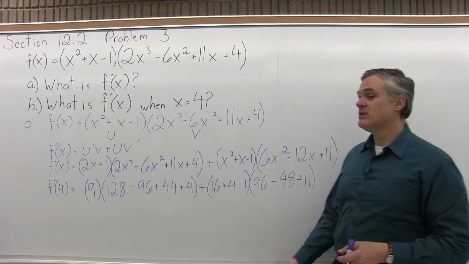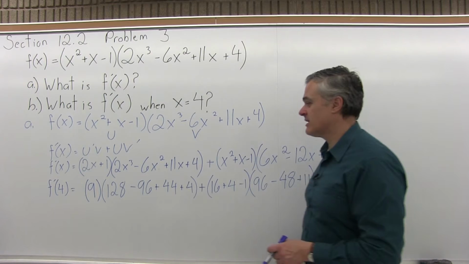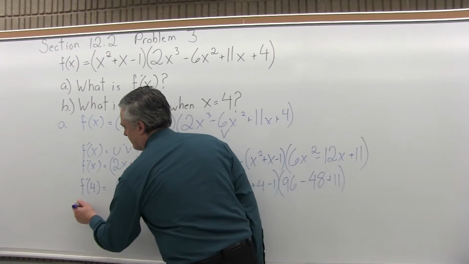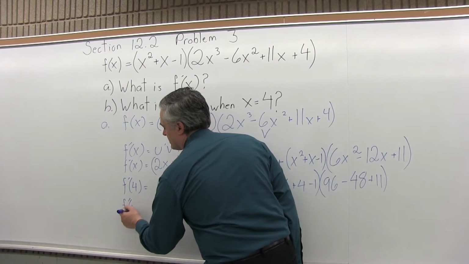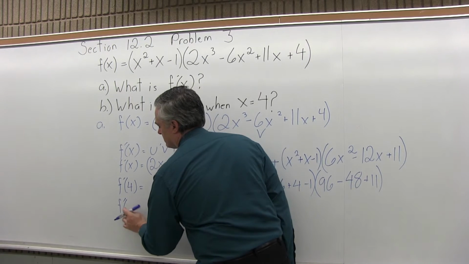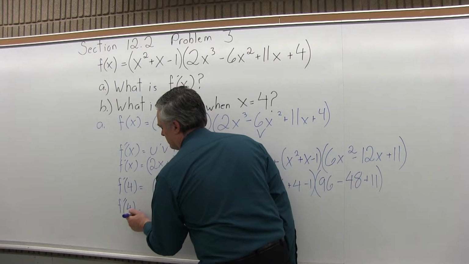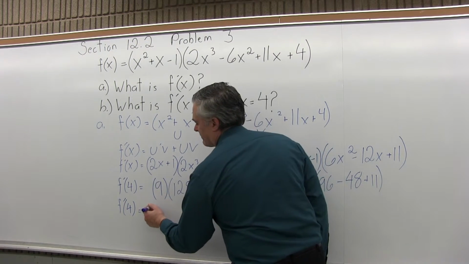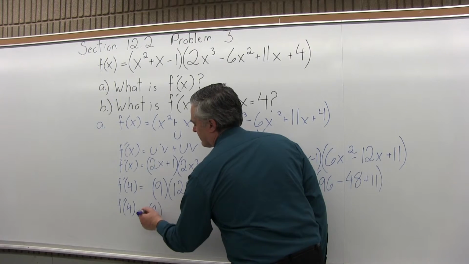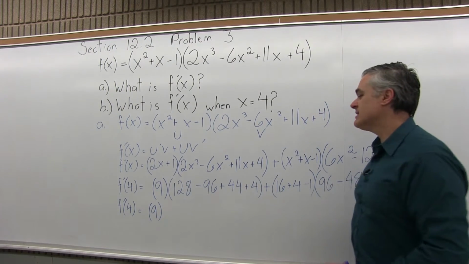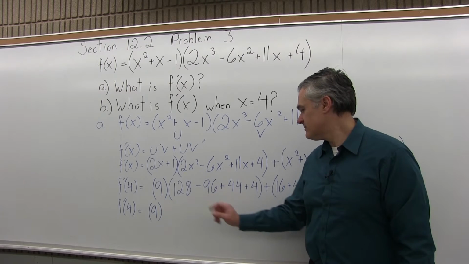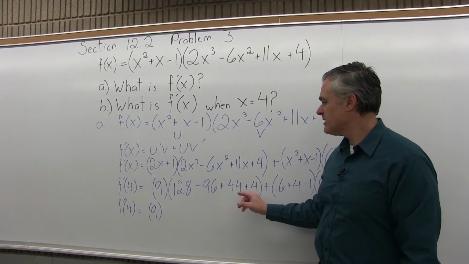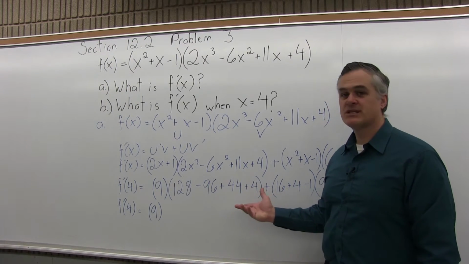So now we have to continue to simplify this down, and it'll get better and better. So it's still f prime of 4. I'll leave this 9 for the next step. Now, this set of parentheses here is pretty big. I'll combine my positives and negatives.